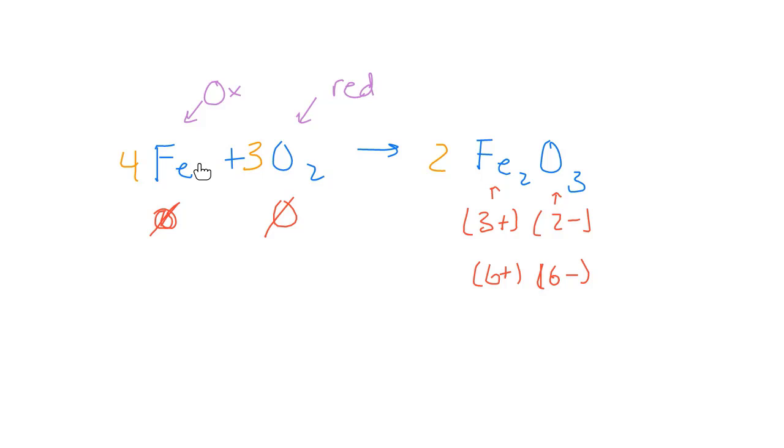So that's the idea. So once you figure out which is oxidized or reduced, an easy way to go about it is like, oh, whatever is oxidized is the reducing agent. Whatever is reduced is the oxidizing agent. So that's the idea.